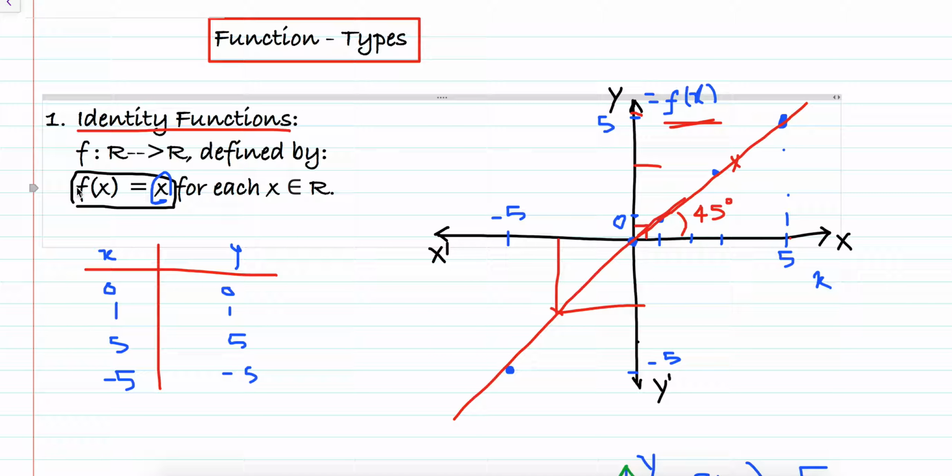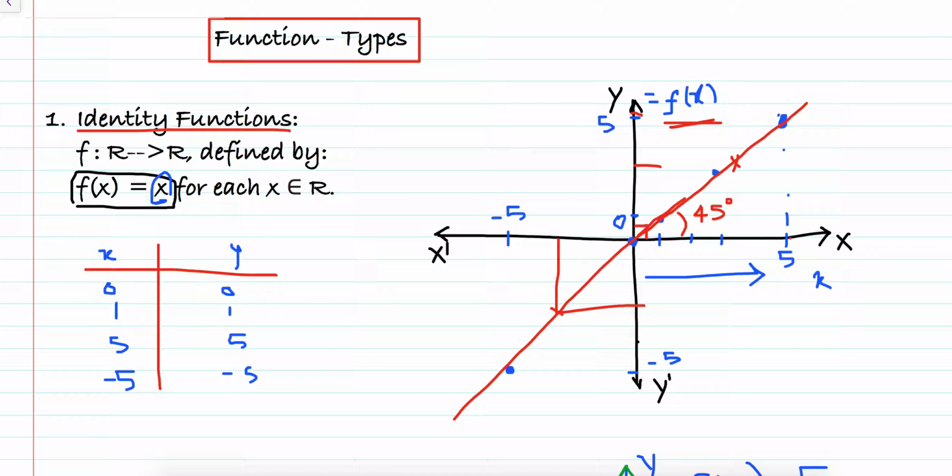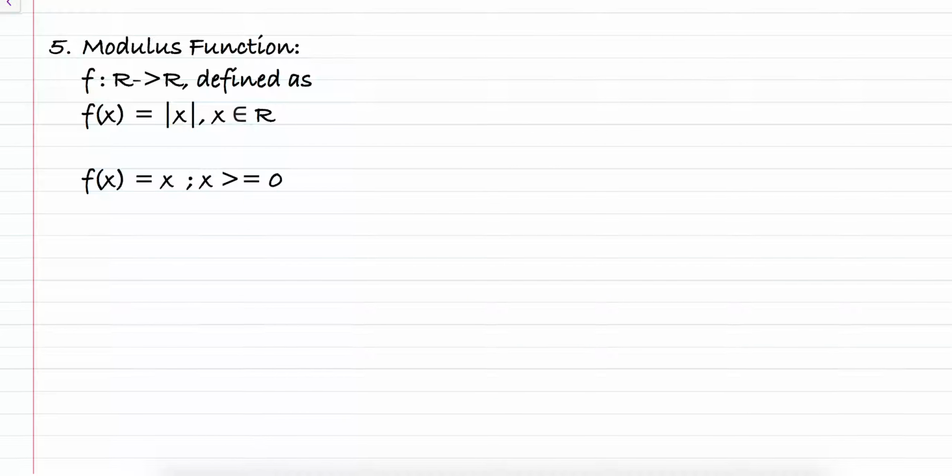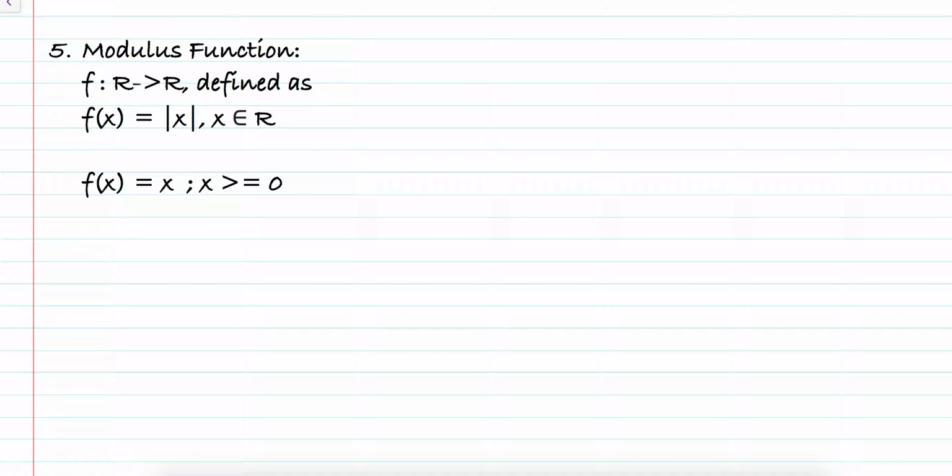So identity function was f(x) is equal to x. So for x greater than 0, that is this part from 0 onwards, it will be same as this. But for the negative part, when x is less than 0, then we will say minus x.